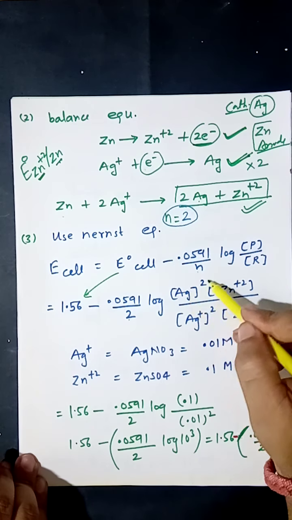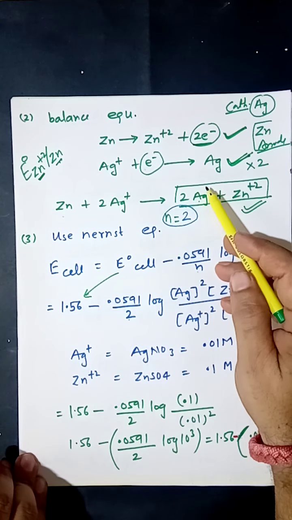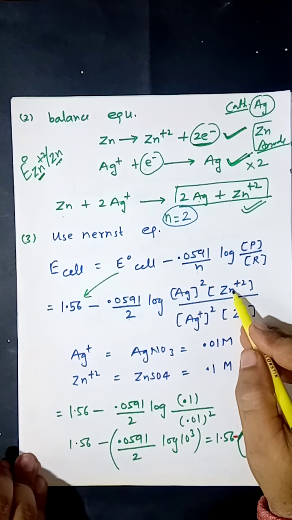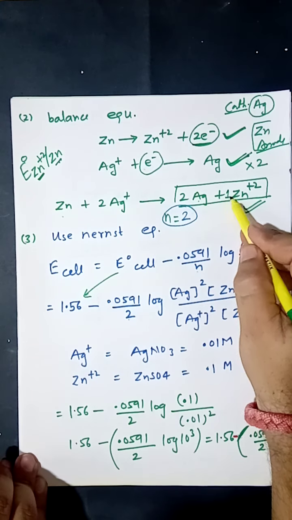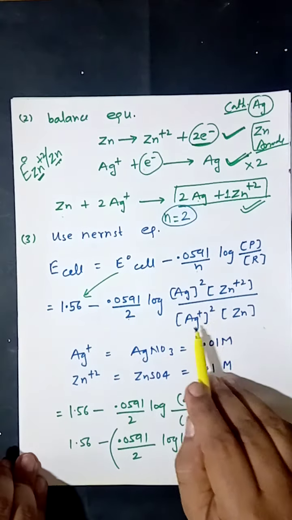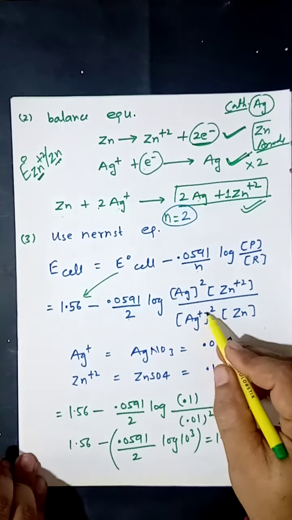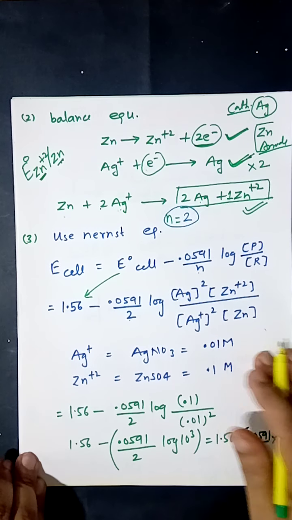As you know, by the law of active mass, the stoichiometric coefficient is always raised as the power. This is zinc 2+, power 1 because the stoichiometric coefficient is 1, divided by the reactants, Zn and Ag+, the silver ion, power 2.